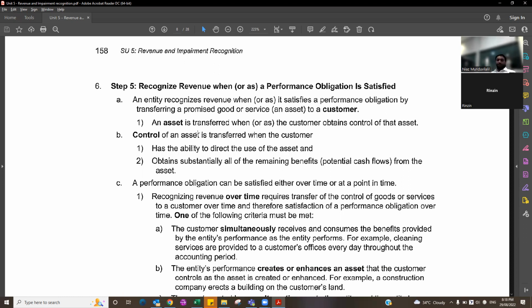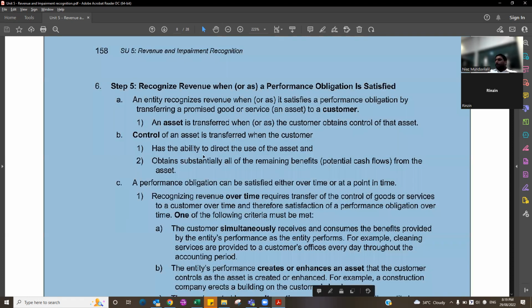Clear? Now, an asset is transferred when the customer obtains control of that asset. Clear? If I sell something to you, but you still don't have any control over that asset, then it's not a sale. Control of an asset is transferred when the customer has the ability to direct the use of the asset and obtains substantially all of the remaining benefits from the asset. Clear?